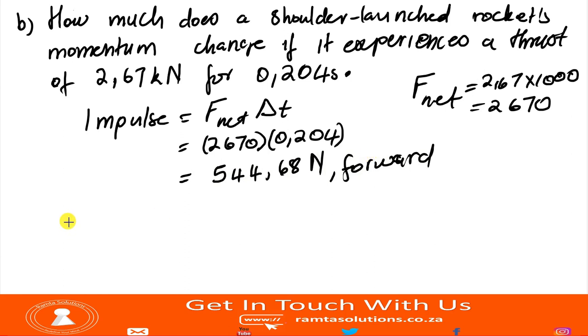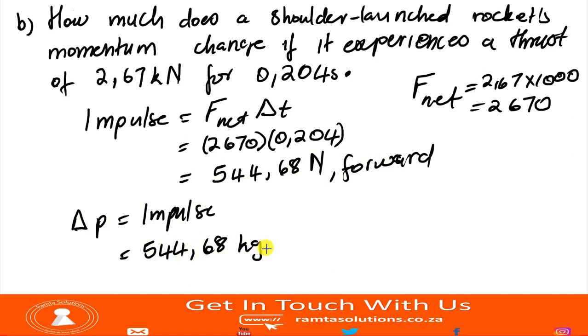Now, change in momentum is equal to impulse, which will be 544,68 kilogram meter per second, forward. Okay, so this is it. This is how we do it.